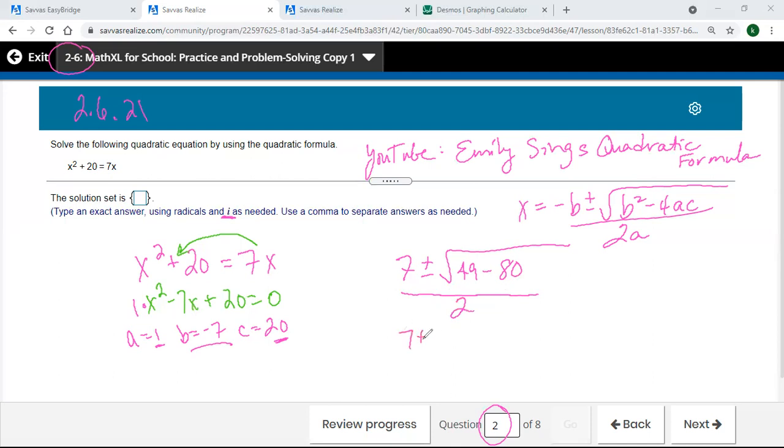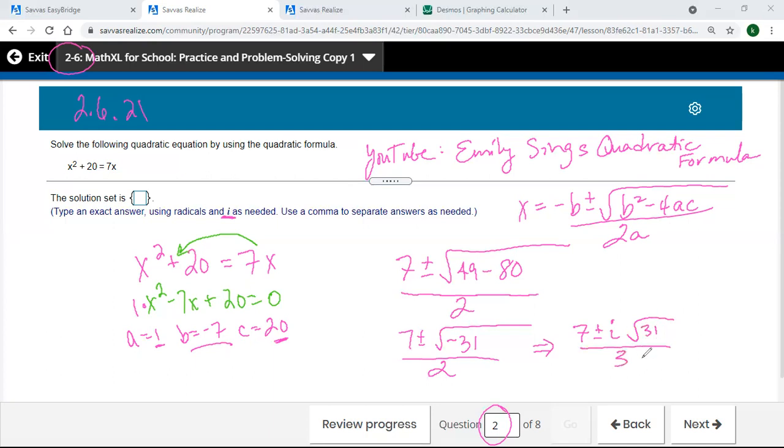So we've got 7 plus or minus the square root of 49 minus 80. I believe that's negative 31, because we're taking more away than we have. And then just remember that negative under there can get out as an i.